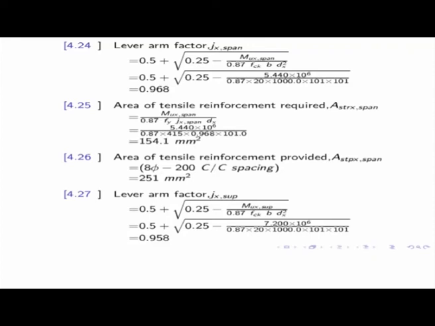So what I have done now is check the depth of the slab based on the maximum bending moment out of those four. We have four bending moments in two different locations, one at support and another at span, and also in two different directions, along X and along Y. Out of that we have chosen the maximum one.